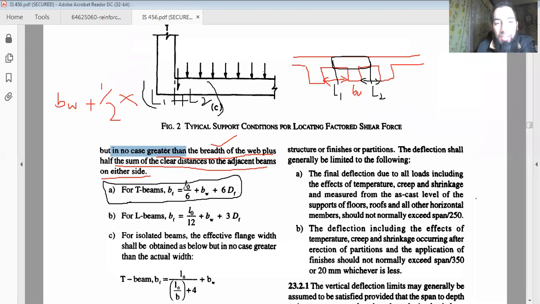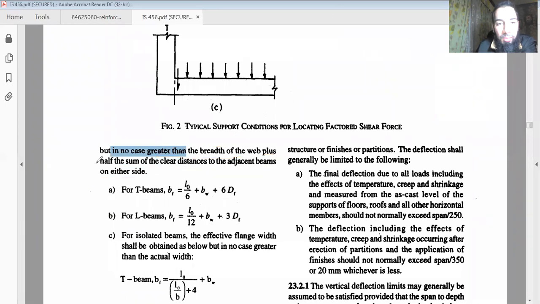What is this? BF is L naught by 6 plus BW. BW you know is the width of the web. DF is the depth of the flange. This is DF. You know this from this portion up till this portion. So I'd put it like this, let me copy this.